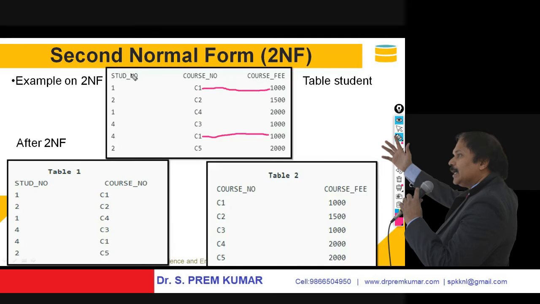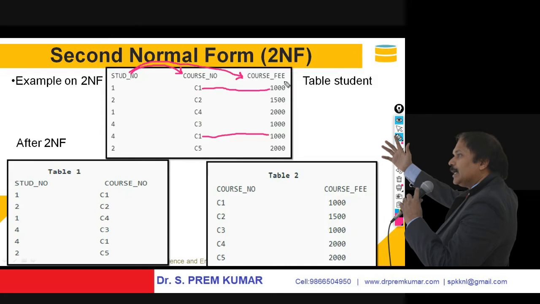All these should be dependent on student number. Whenever I say student number, I should talk about course number and course fees.